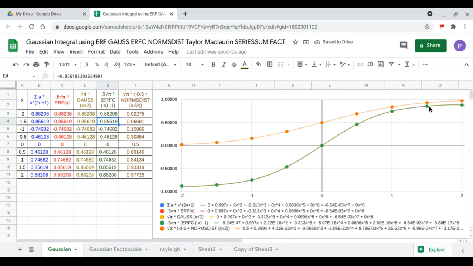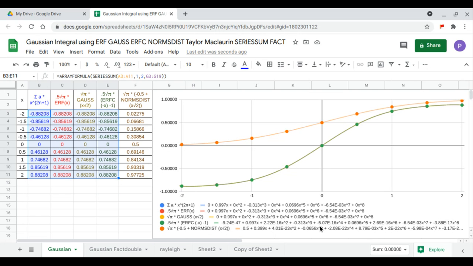Now they're all on the same trend line. Their data sets are the same, and their polynomials are the same. This is 0. That's very small. Negative 9.24 times 10 to the minus 47. This one is also 0. Negative 2.22 times 10 to the minus 16. That's very small.